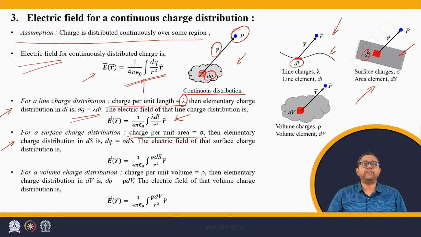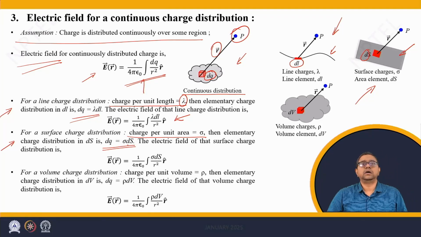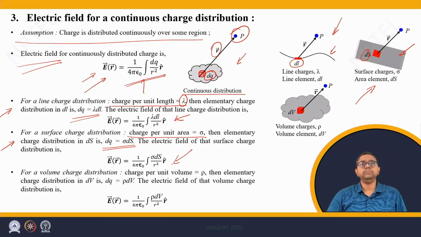Thus, the elementary charge in the elemental area ds now becomes sigma multiplied by ds. Replacing dq by sigma ds in this expression, we get the electric field due to a surface charge distribution at a test point capital P, which is located at a distance r from the source charge distribution.